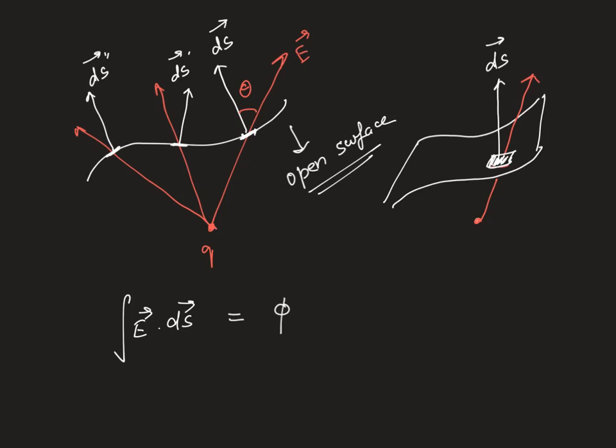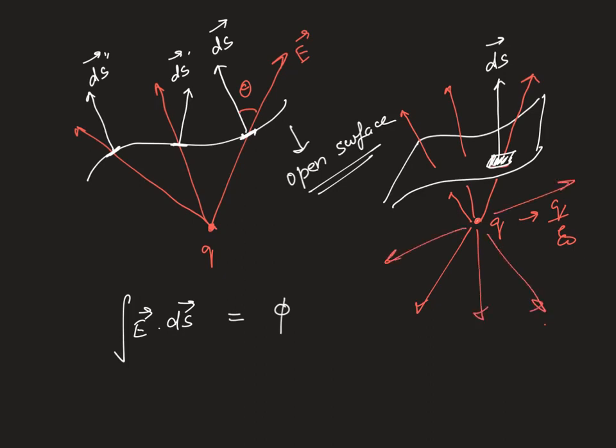Now this is an open surface, right? So if we have an open surface, we must understand one thing that is very important. And what is that important thing here? Let me consider this diagram here. Any charge, let's say this is our charge q, emits a total flux of q by epsilon naught. Now when I say total, it means that it is emitting in all directions.